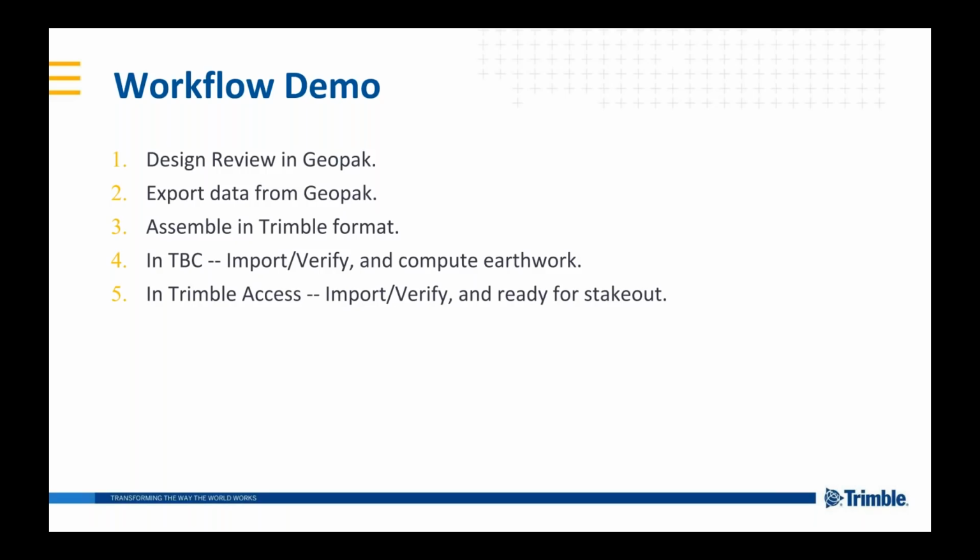Then we're going to take that into Trimble Business Center, pull that data in, look at it. We'll also go through some earthwork as well, and then also take this data into Trimble Access, doing the same kind of things. How would we verify what we've got, and what files do we need to be ready for stakeout in the field?